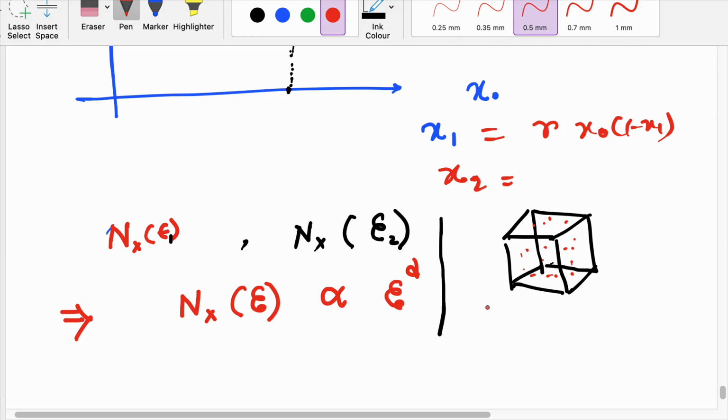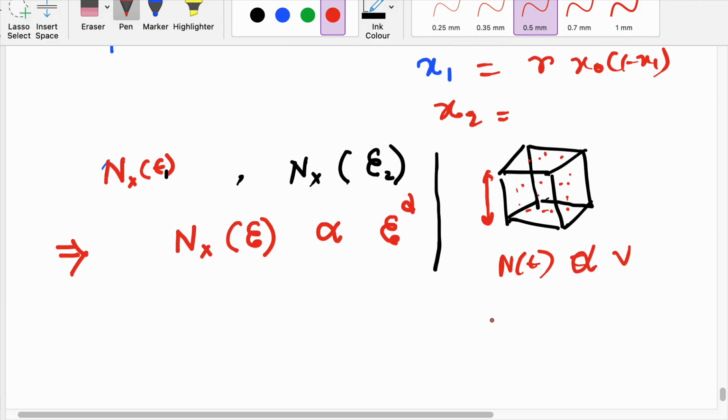It should be proportional to its volume, right? If the length of one arm of the cube is epsilon, then the number of marbles should be proportional to the volume. And if I increase it, the number also increases as the volume increases.